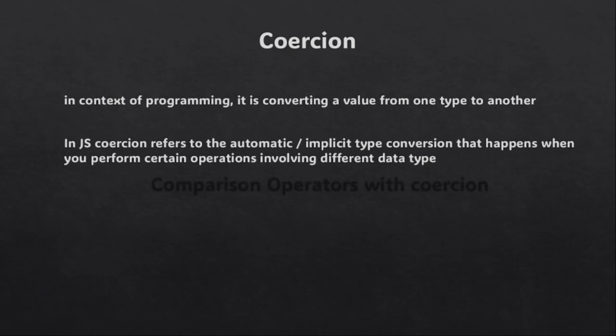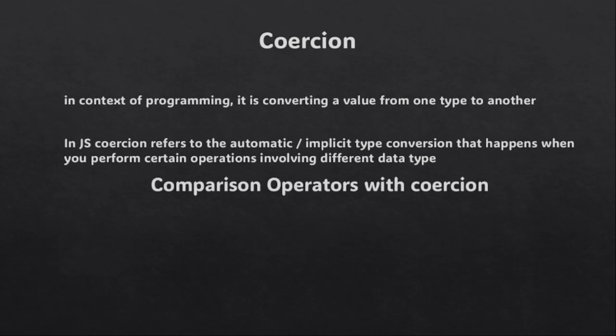So when you're using different data types in JavaScript and you're performing some actions with certain operators, implicit coercion may occur. Let's look at the examples for comparison operators with coercion.